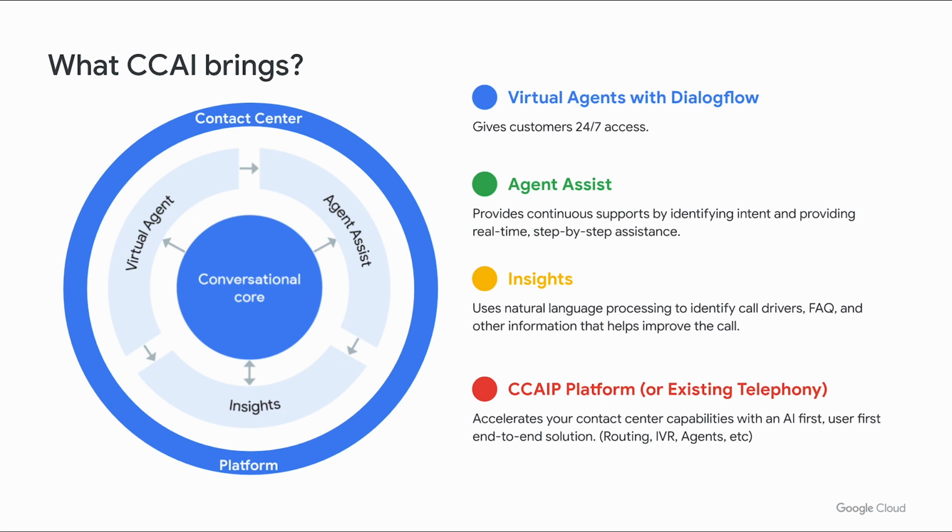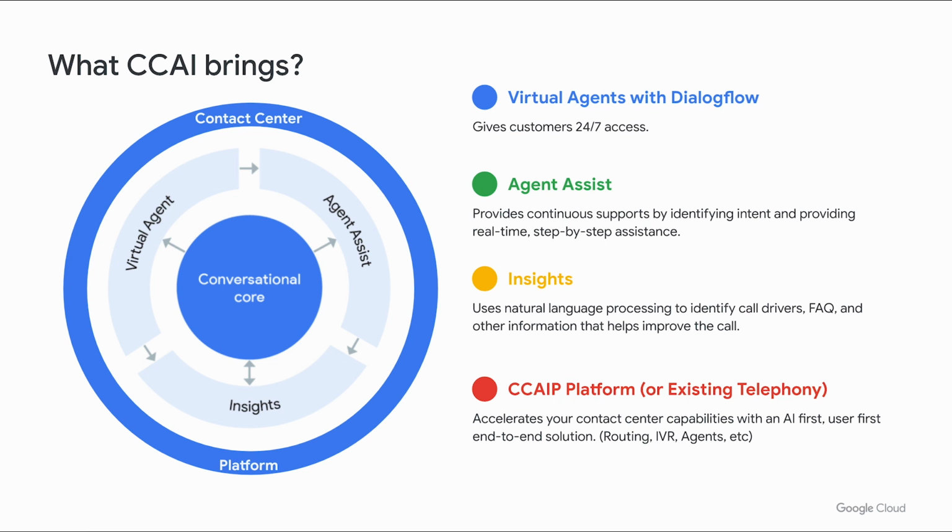This will shorten average handling time and provide more consistent call quality across call center agents. And finally, we have Insights, where all the conversations are stored in a single place. You can do a lot of analysis and modeling, and you can also find a graph and chart to see what is the top reason that the customer contacted you.